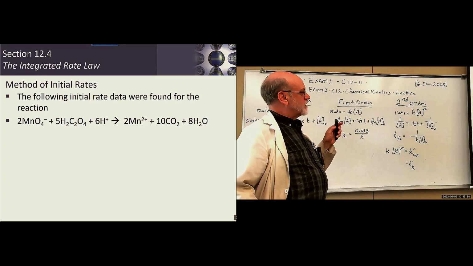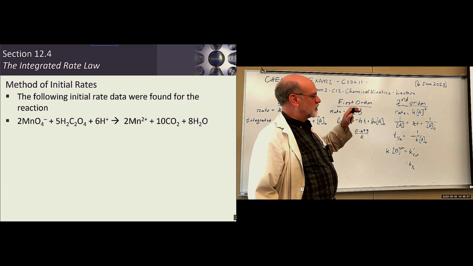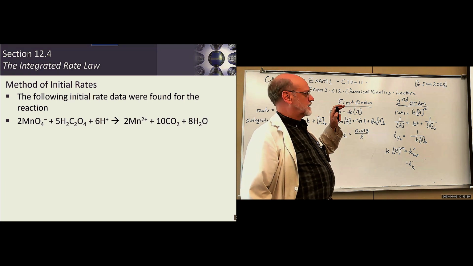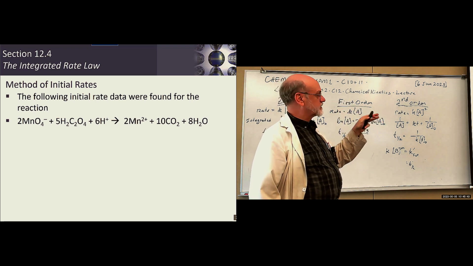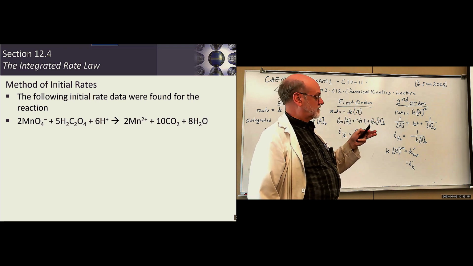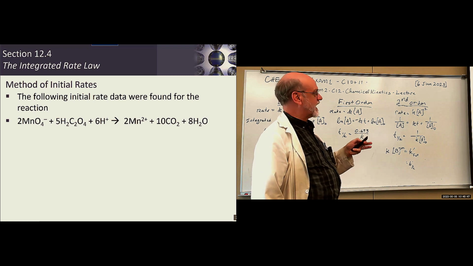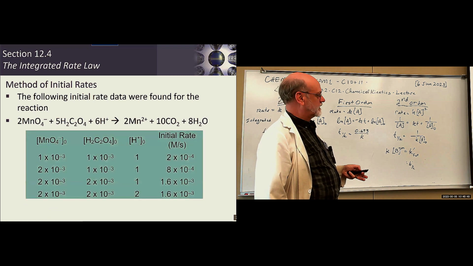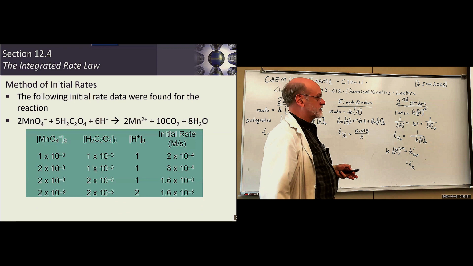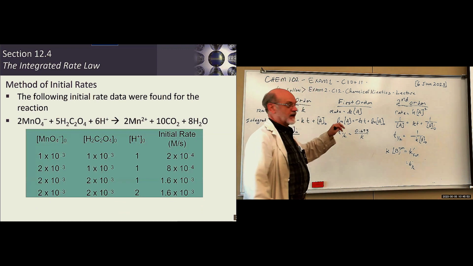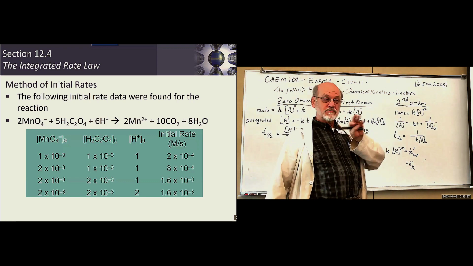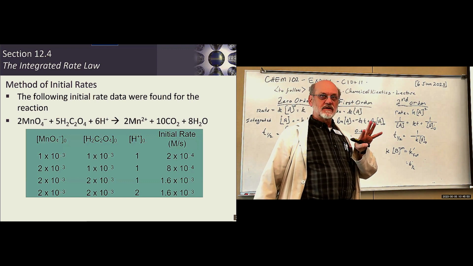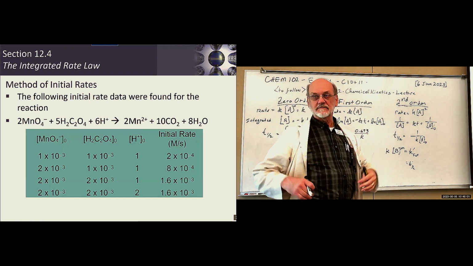Then we want to have determined initial rates for manganate, oxalic acid, and free acids. And this is what we get, these 4 experiments, just like I drew earlier. We have 3 reactants, so we need 4 experiments to cover all the possibilities.